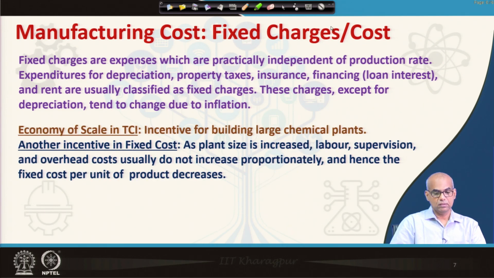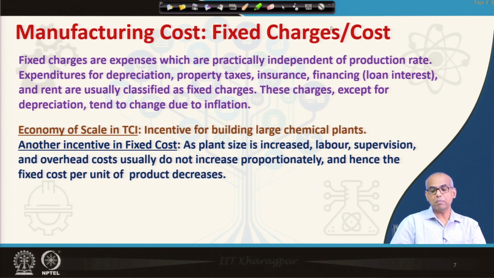We have talked about economy of scale in total capital investment. We talked about this when we talked about capacity. So, higher capacity leads to economy of scale in total capital investment. So, that is an incentive for building chemical plants with large capacity.